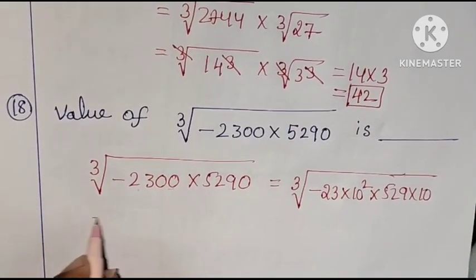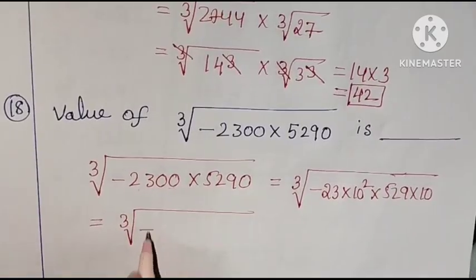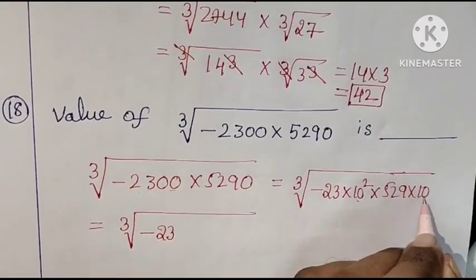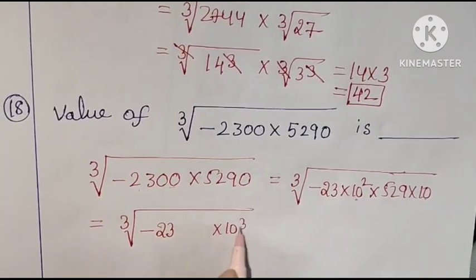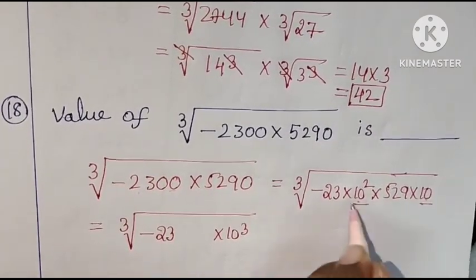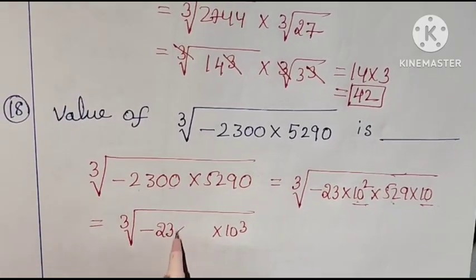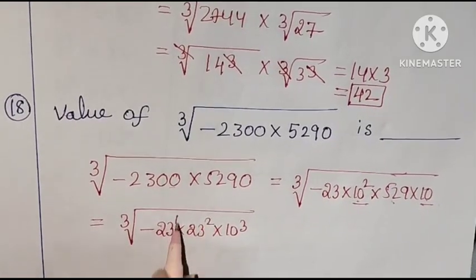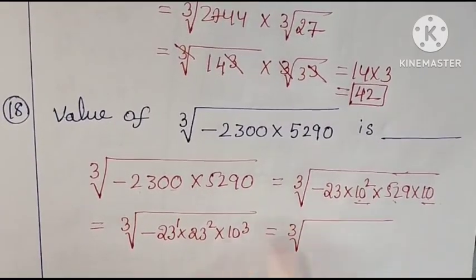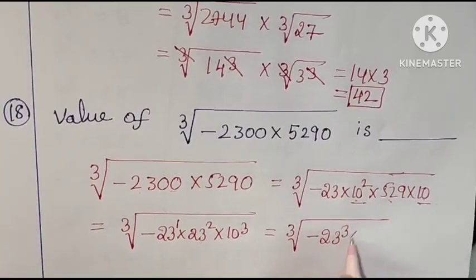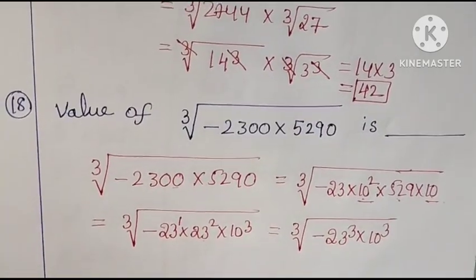Cube root of minus 23 into 10 square into 10 cube. See, here there is 10 square and 10, so 10 square into 10 is 10 cube. 529 is which square? 23 square. So into 23 square. Now cube root of minus 23 into 23 square, 23 cube, into 10 cube.